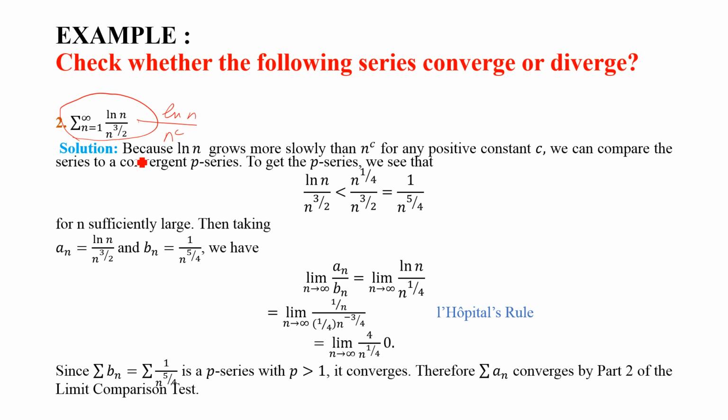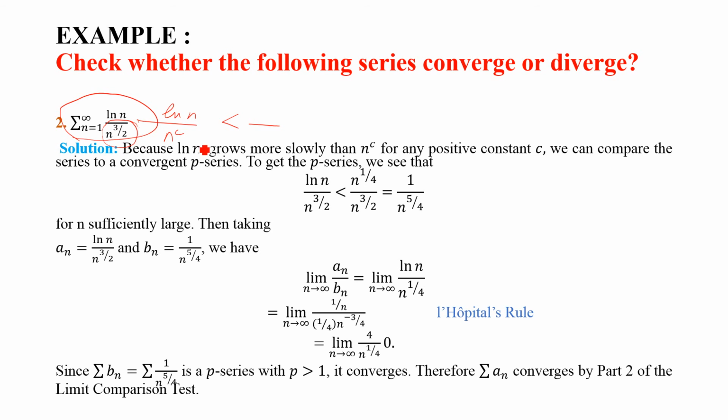So, if we can find a series which is greater than this, and since we have in the denominator n to the power 3 by 2, we can find a p series which is greater than this series.